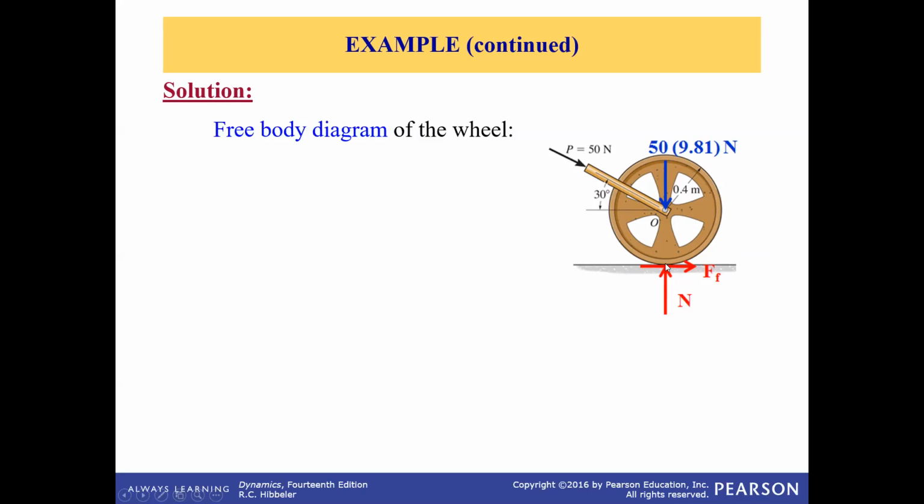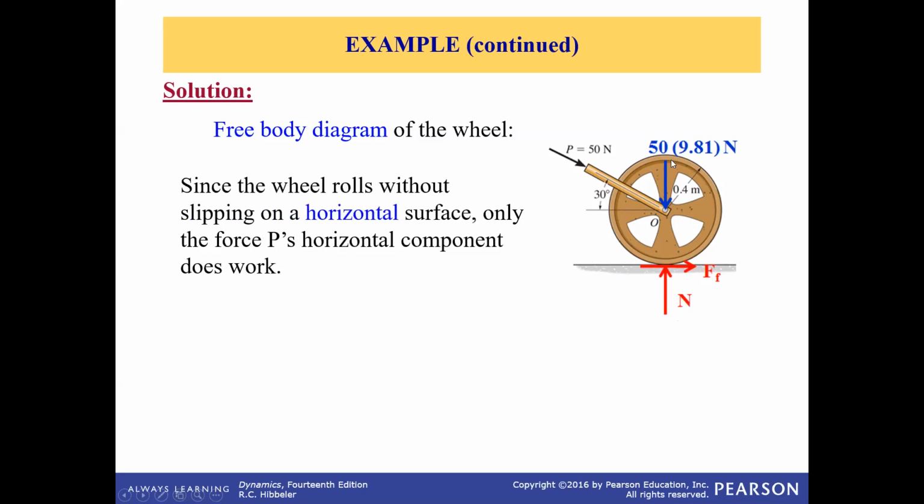Static friction does not do work. Also, the normal force will not do work. And the weight is perpendicular to its translational motion, so 90 degrees. That means the weight also does not do work. So the only work done should be by this pulling force P.